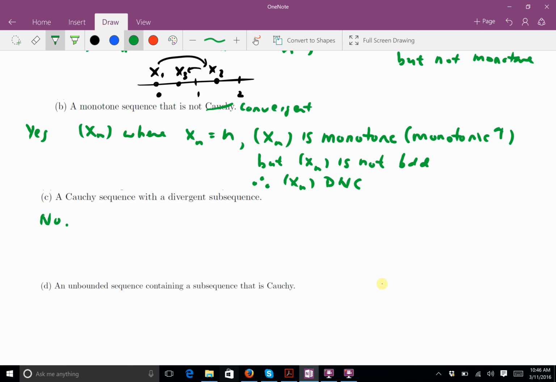And the reason why is if xn is Cauchy, then xn converges, and if xn converges, every subsequence has to converge.